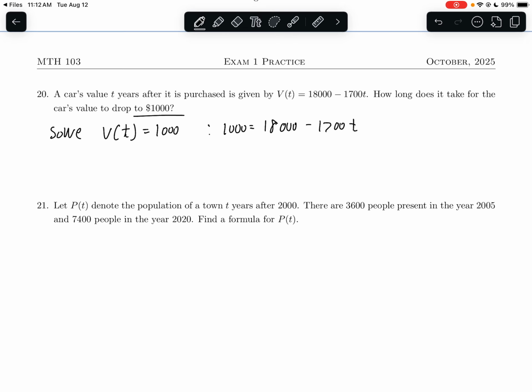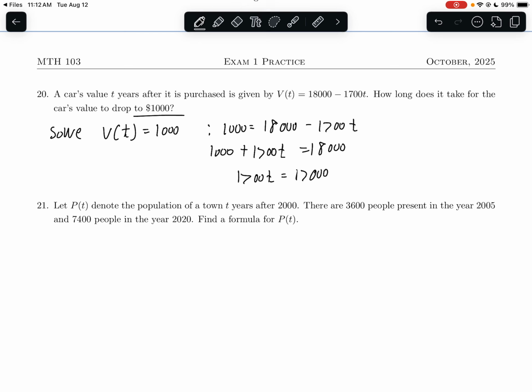Now, you can go about this in a couple of different steps. At the end, we should get to the same spot. What I would do is add 1,700 t to both sides. So 1,000 plus 1,700 t equals 18,000. And then I would subtract 1,000 from both sides to end up with 1,700 t equals 17,000.